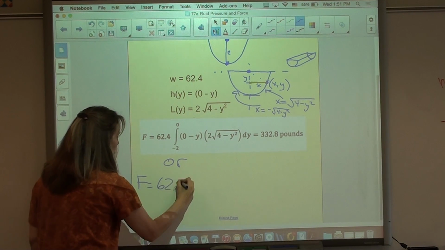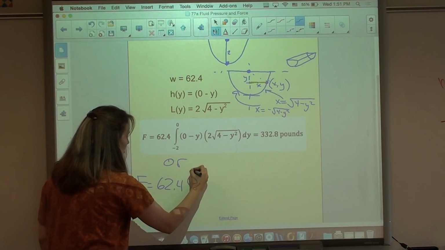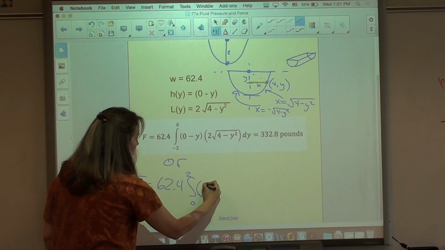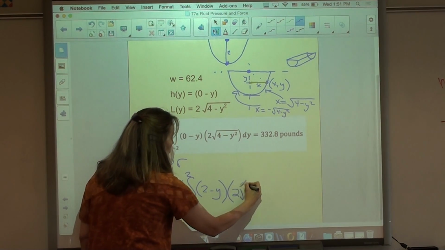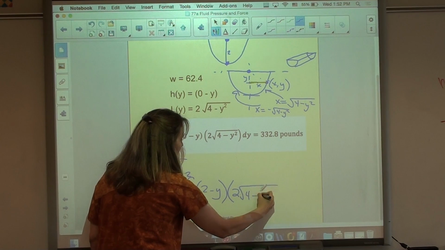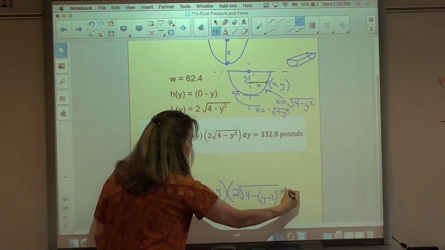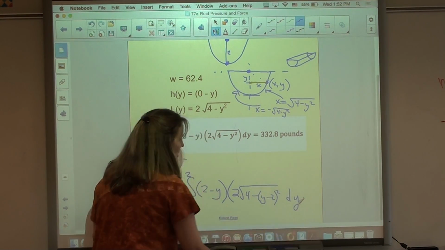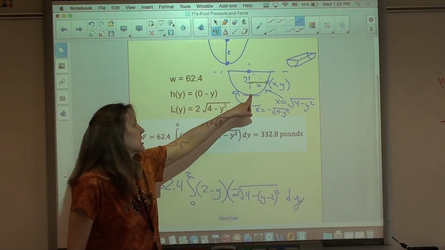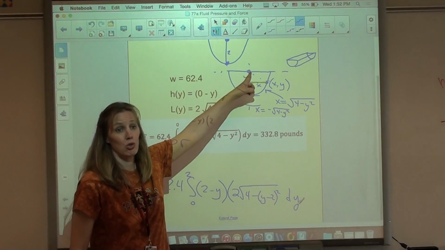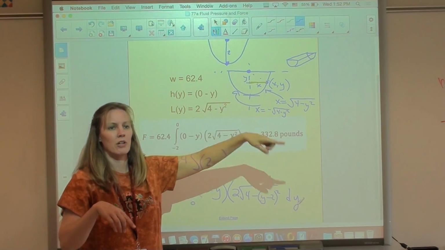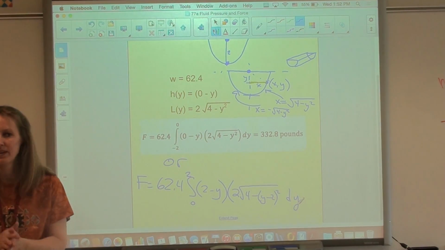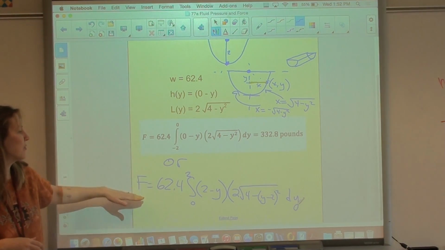So you have 62.4, integral 0 to 2, of 2 minus y times 2 root 4 minus y minus 2 squared. Why is it y minus 2 squared? Because if your vertex is here, then the center would be at 0, 2. And your equation would be x squared plus y minus 2 squared equals 4. Either way is fine.